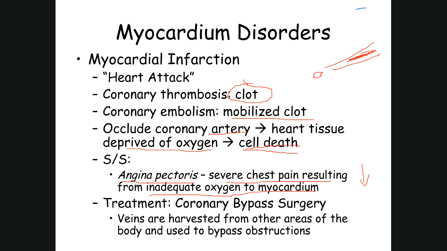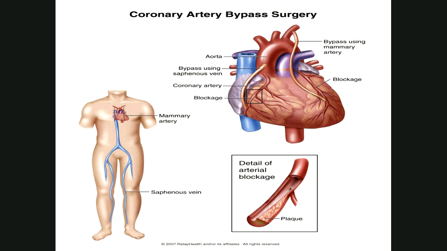See here, remember the layers of the heart: epicardium, myocardium and endocardium. So angina occurs due to decreased oxygen to the myocardium, which causes the severe chest pain. This is the treatment they will do: sometimes bypass surgery.